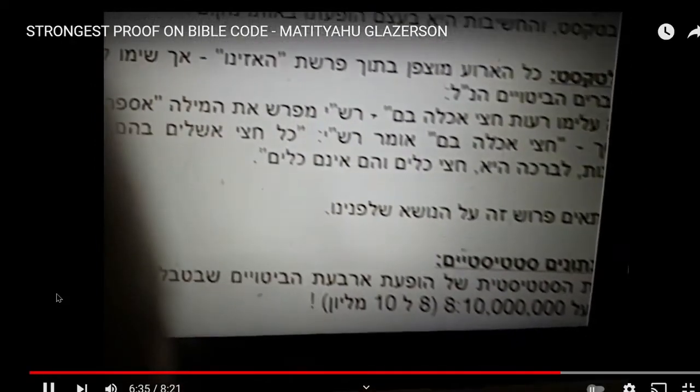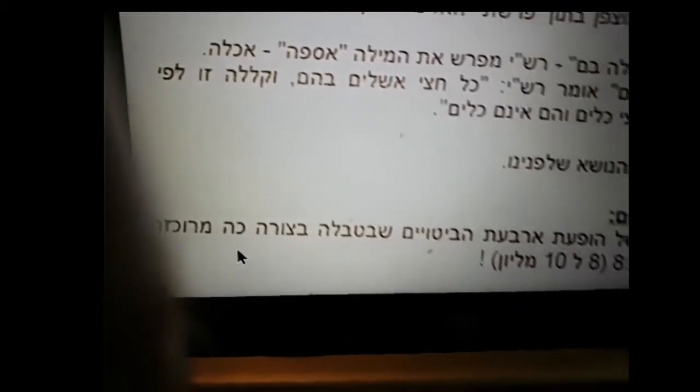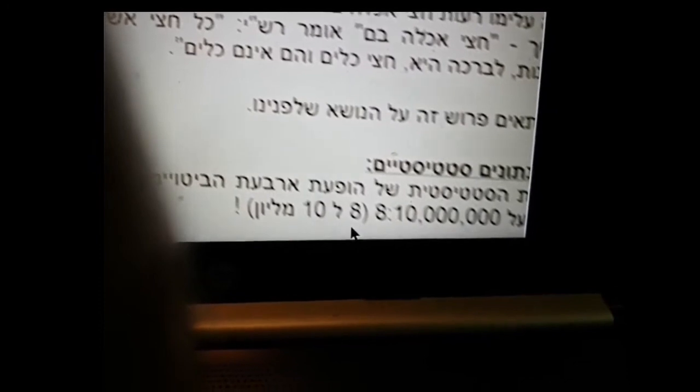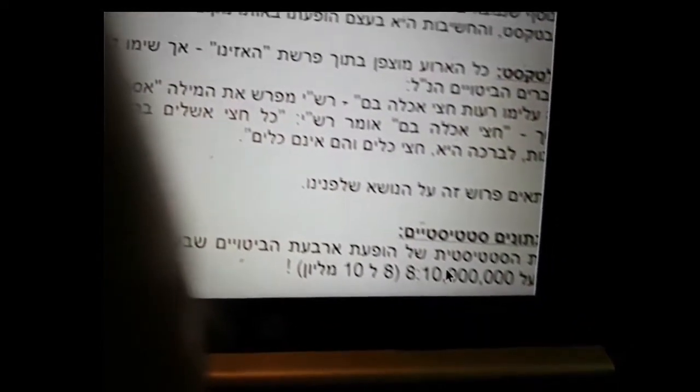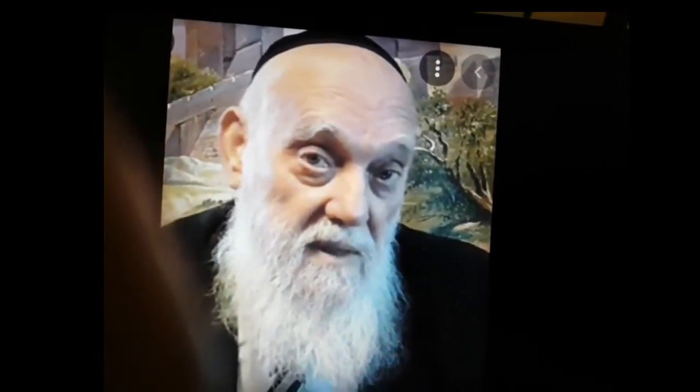Amazing. Now the most important is, what is the statistics of this? All these four things that we saw in the table in such a concentrated way is 8 to 10 million. Unbelievable. It shows us how significant this table is, which appears exactly in the right places when God says that if Jews translate the Torah, I will send my arrows on them.